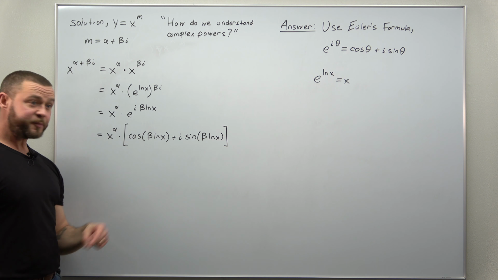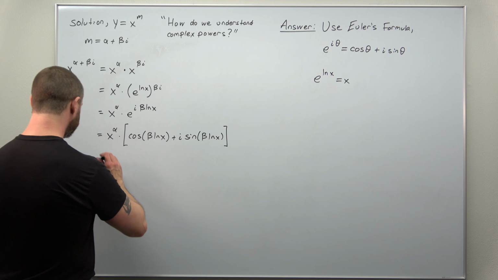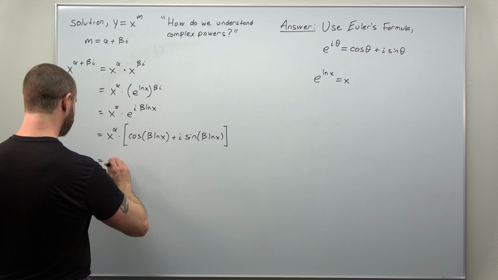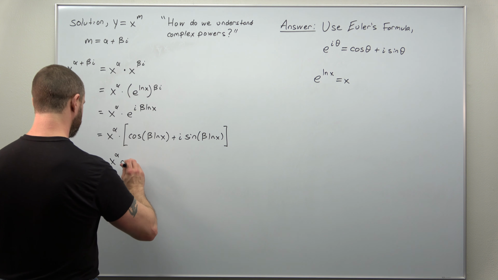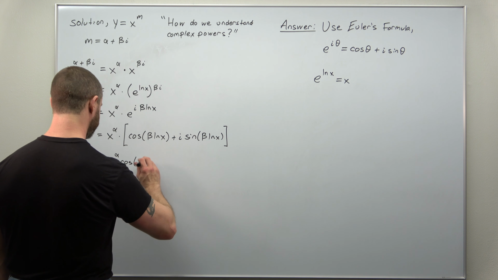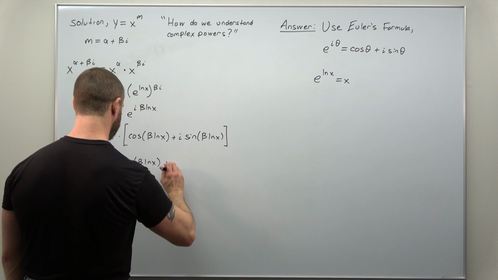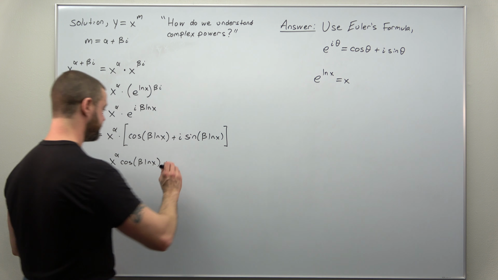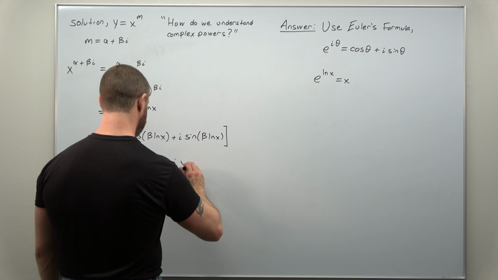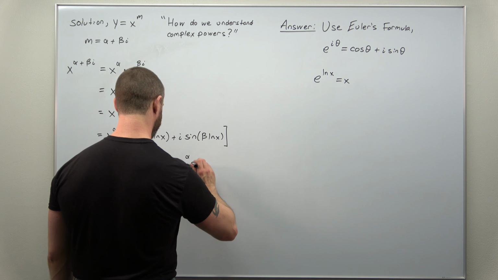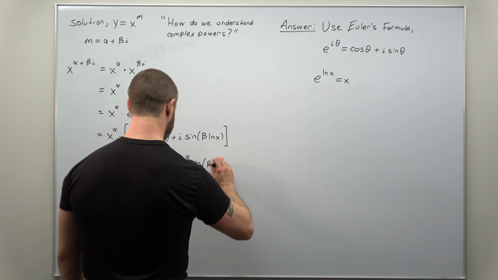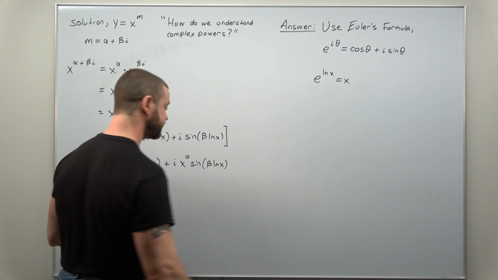And we're going to distribute through the brackets or parentheses, and we'll get x to the alpha times cosine of beta natural log of x, and then plus i times x to the alpha sine of beta natural log of x.